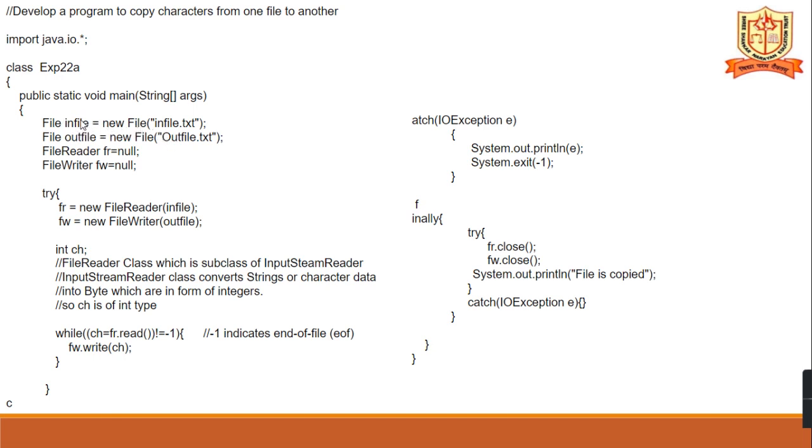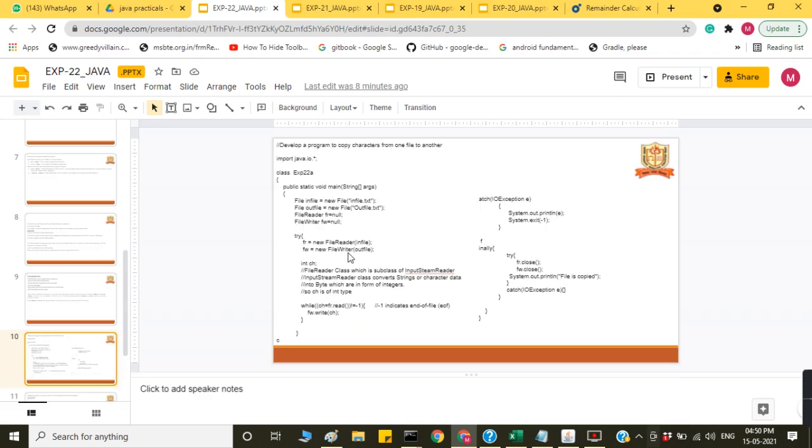First you have to create the object of the file. So here two files are there, one is in file and the other is out file. So two objects of the files are created. So I have created the file. This is experiment number 22.